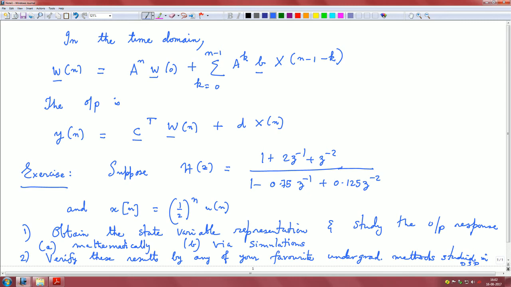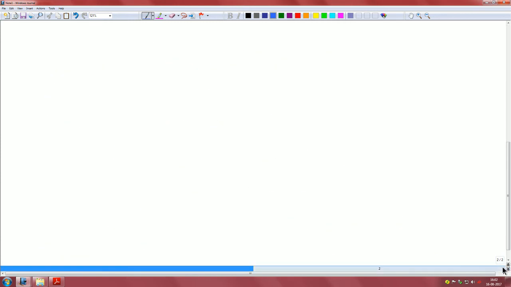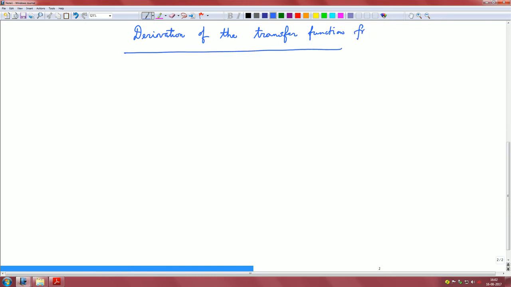Based upon the state variable representation, we are ready to derive the transfer function from the state variable representation.